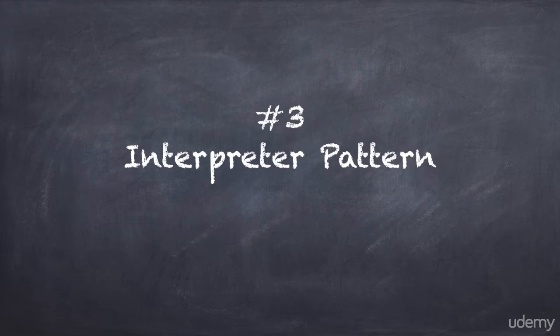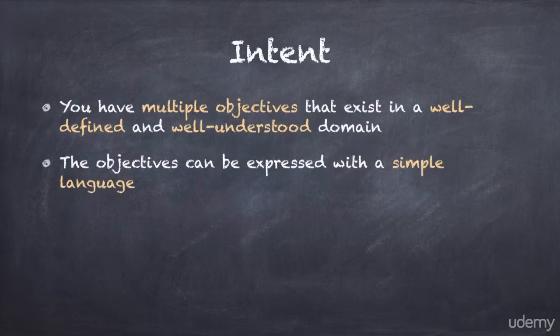The interpreter pattern is a good choice when you are trying to accomplish the following. You have multiple objectives that exist in a well-defined and well-understood domain. The objectives can be expressed with a simple language.